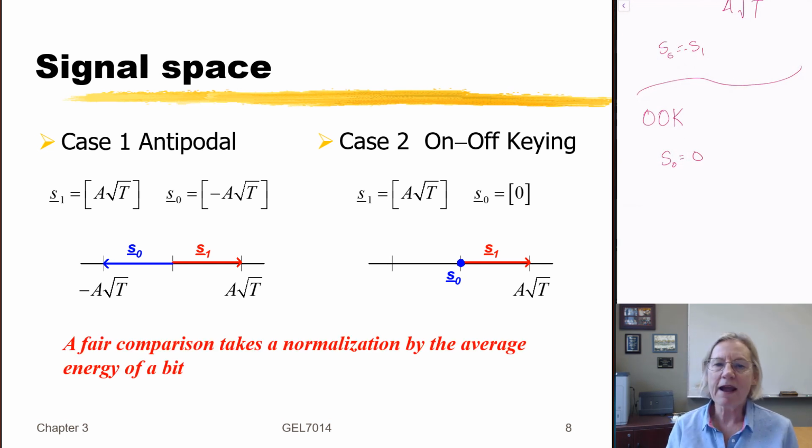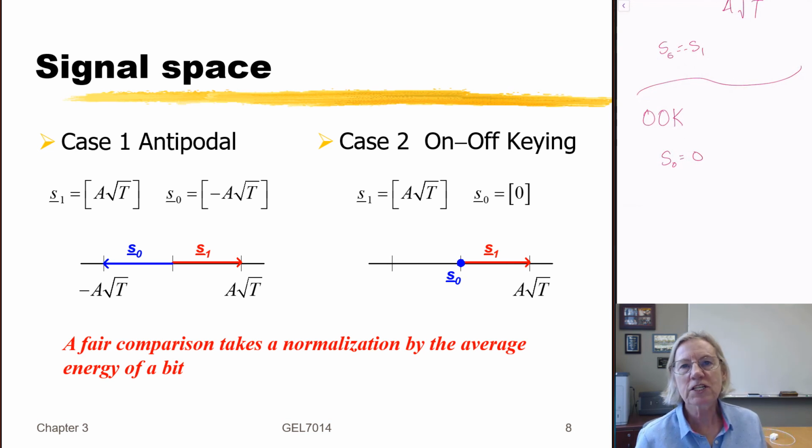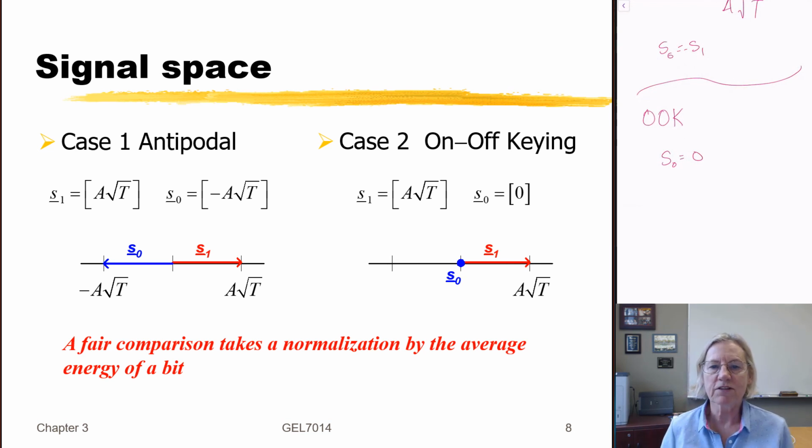Now, if I'm going to compare these two modulation formats to be able to see if there's an advantage to one or the other, I have to make a fair comparison. And this is something that's going to come up very much in our analysis. And that normalization that I must do is going to be based on the average energy of a symbol. And since this is binary, a symbol is a bit, so I'm going to normalize the two modulation formats so that they both have the same average energy per bit.